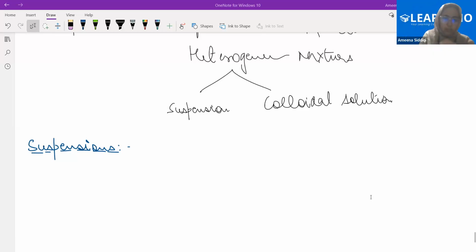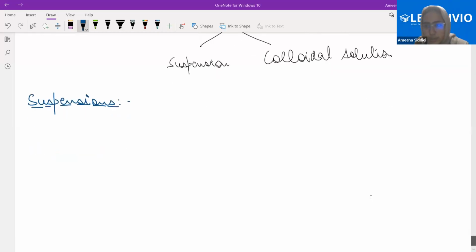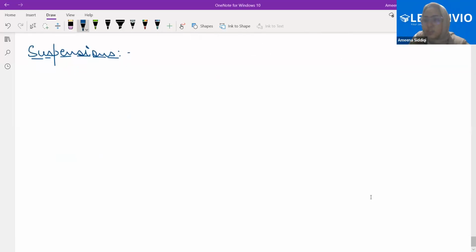So, very important points. We are going to discuss the properties of suspension. But first point here, bachcho. In case of solution, the solute and the solvent can be in either state, solid, liquid, or gaseous.